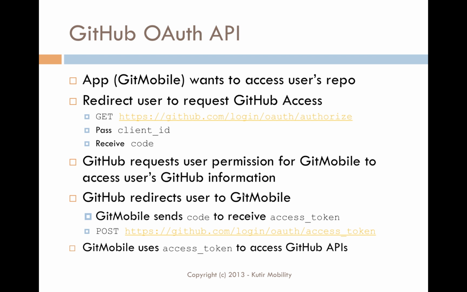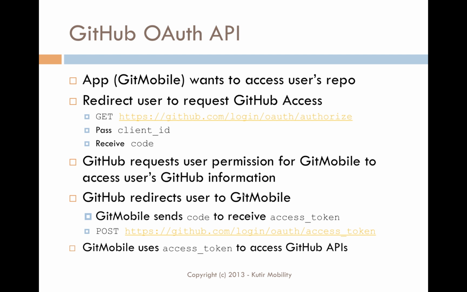GitHub expects a client ID as part of the authorize API call. This client ID is the one that you receive when you register your application with GitHub. So you send the client ID via the authorize call, and you receive a code back.